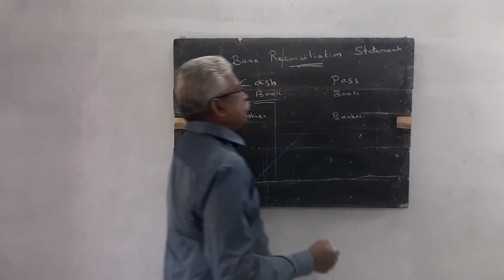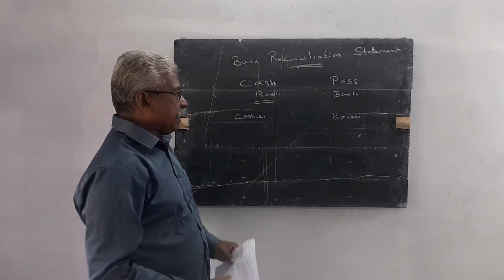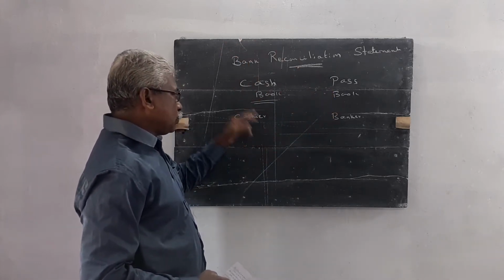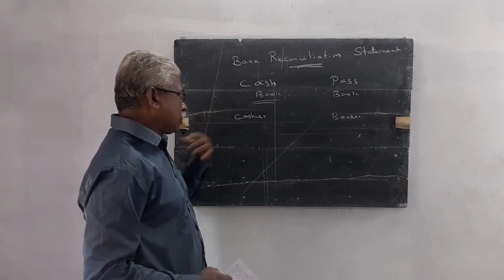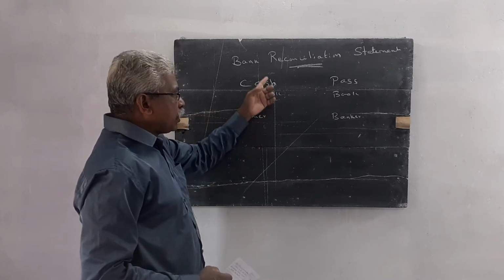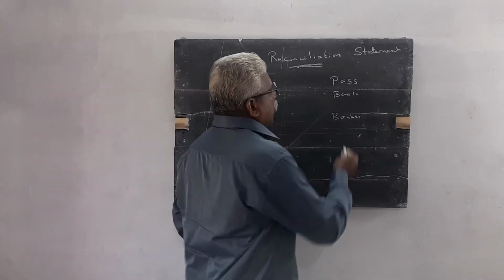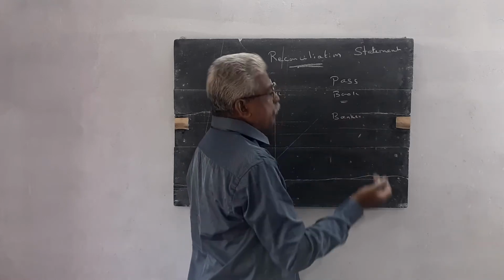The banker is maintaining the passbook. We never write any entry in the passbook. But all the entries in the cash book are written by us or our cashier. In the passbook, all the information is recorded by the banker.